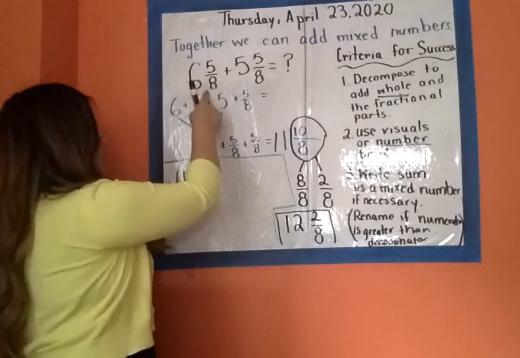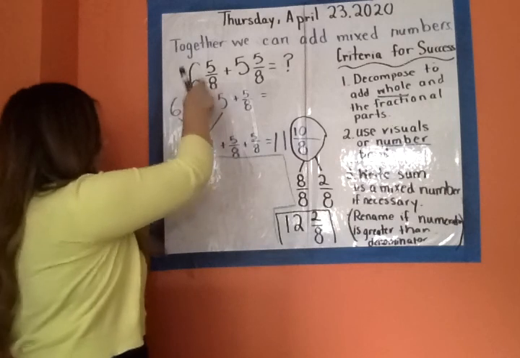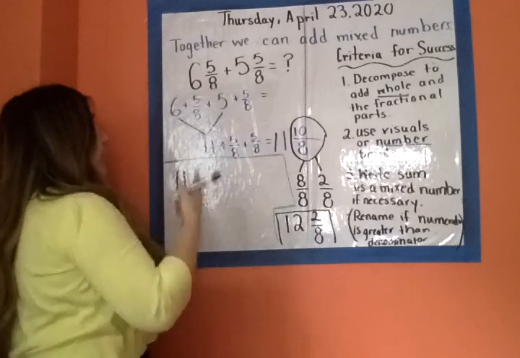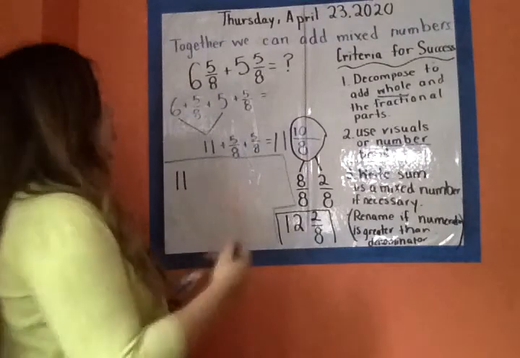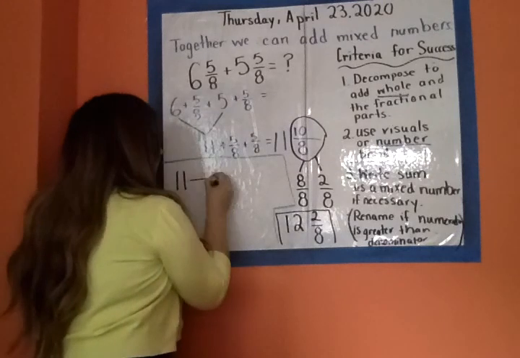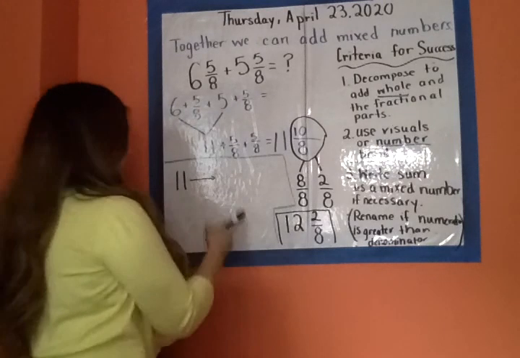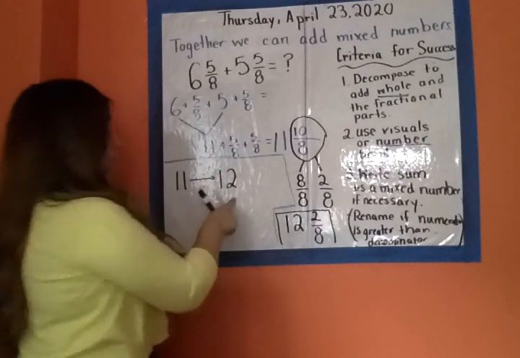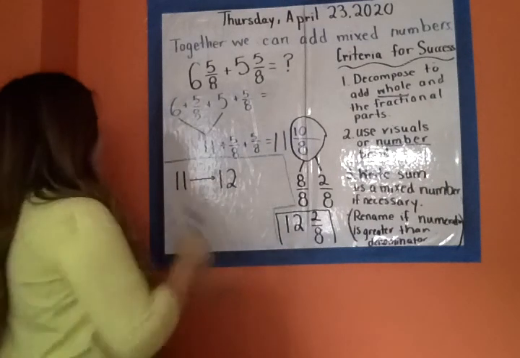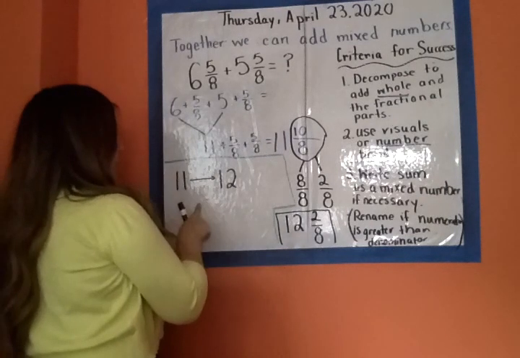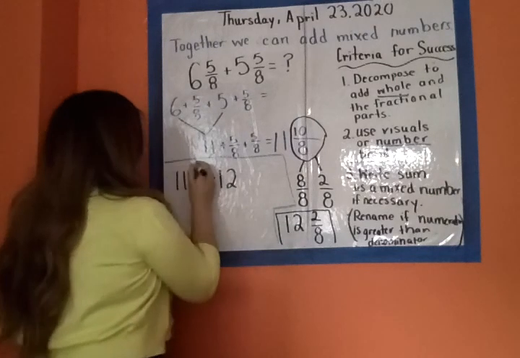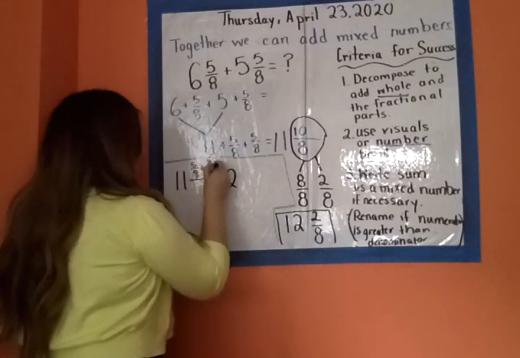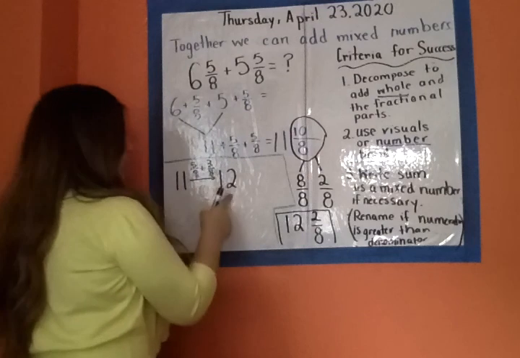Now, I'm going to use 5/8, and I think to myself, if I have 5/8 of a whole, how many more 8s do I need in order to have another whole? What would the next whole be after 11? 12, right? In order to go from 11 to 12, but remember, I only have 5/8, then 5/8 plus 3/8 will give me 12.